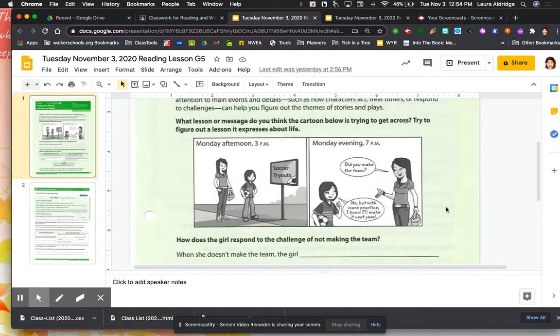Maybe she can have more practice and she'll know she makes it next year. Maybe another theme could be that if you don't succeed at first, try again. She's not afraid to try again. She's going to try out next year. Another theme could be stay determined, reach for your dreams, continue to work for your goals. All of those things could be great themes for this particular cartoon.